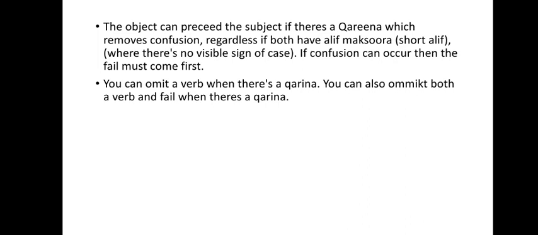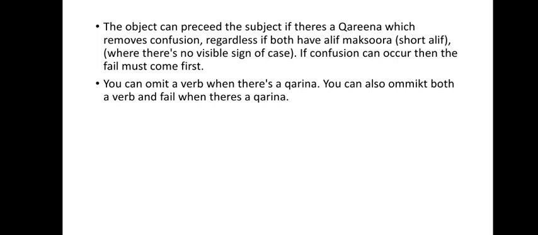For example, the word kumthara, which means pear, if that comes before the word Yahya, so these words both have the short alif maqsura at the end. There's no visible sign of a case with them. So if they appear in a sentence, you could still have the word pear precede Yahya, because it's obvious that Yahya is the one that is consuming the pear and not the other way around.